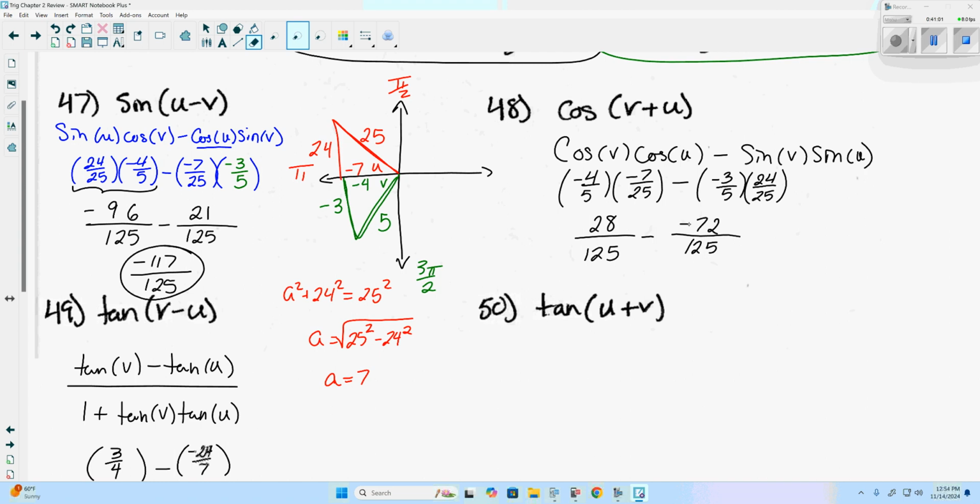Negative and negative make a positive. 25, 0, over 125. 5 over 25.